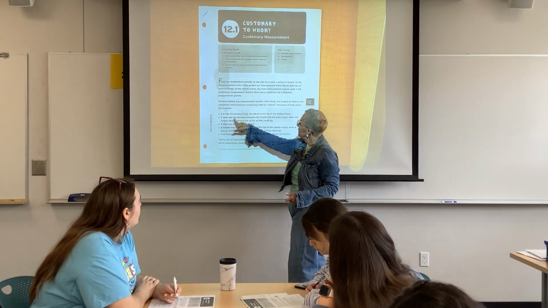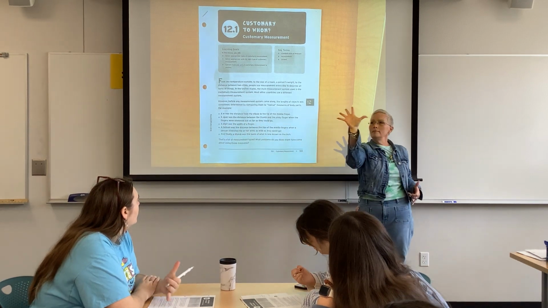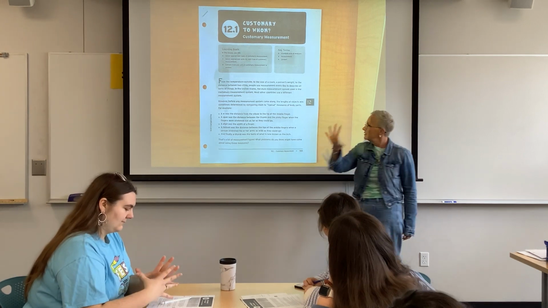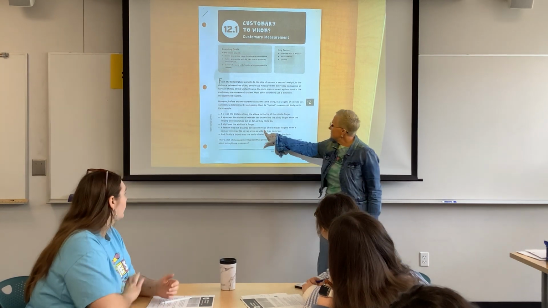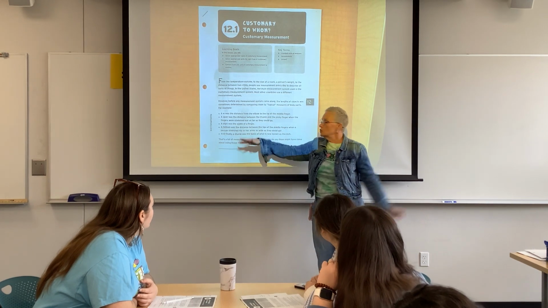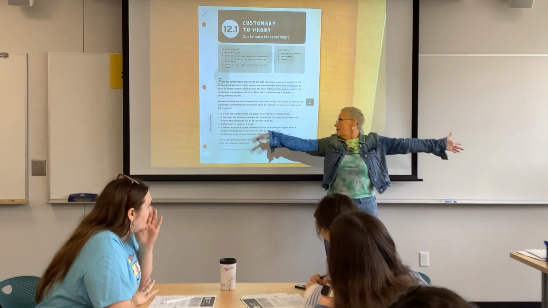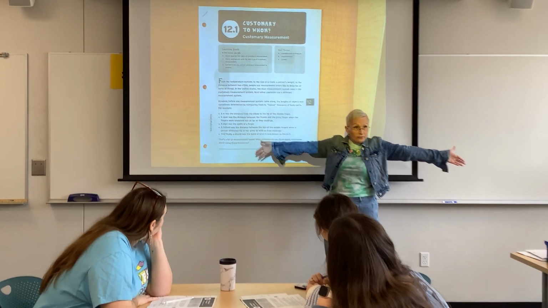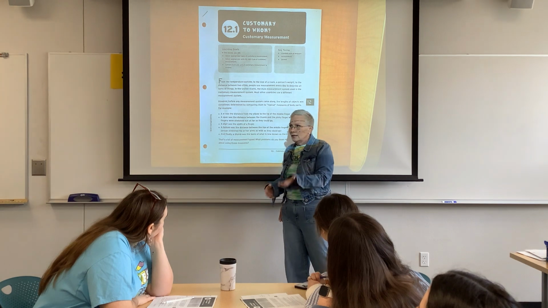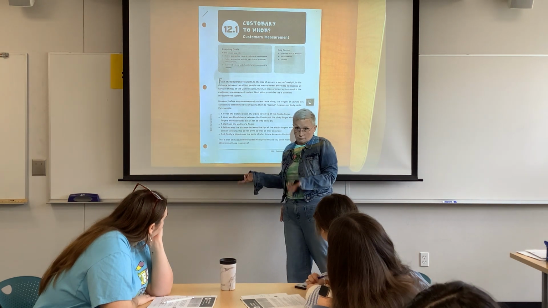A span was the distance between your thumb and your pinky finger stretched all the way out. A fathom is the distance between the tips of your middle fingers when a person stretches their arms all the way out. These are all real units of measure that have just fallen by the wayside because people quit using them. Make sense?